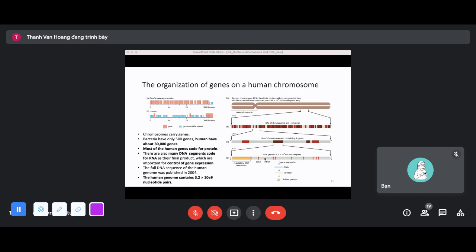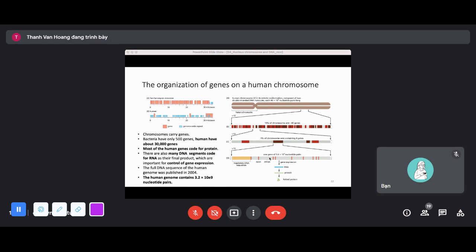So what is the function of the intron? If they don't encode for protein, they contain information for regulatory DNA. That means, for example, the promoter genes. Later, we can learn more closely about the promoter genes.